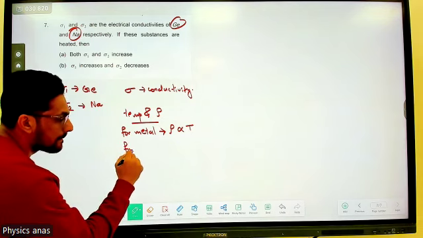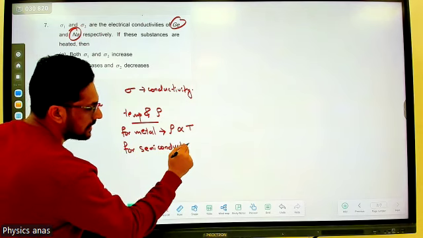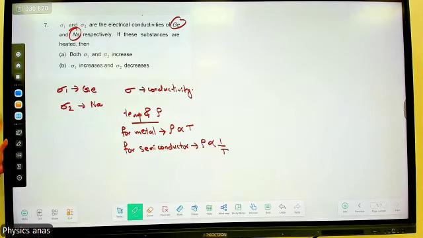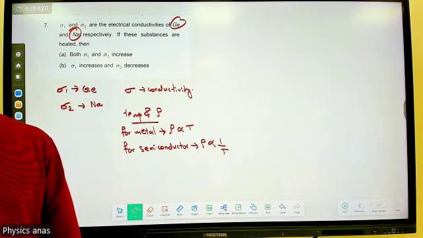How about semiconductor? For semiconductor, resistivity and temperature are inversely proportional. If temperature increases, resistivity decreases. And conductivity is the reciprocal of resistivity.